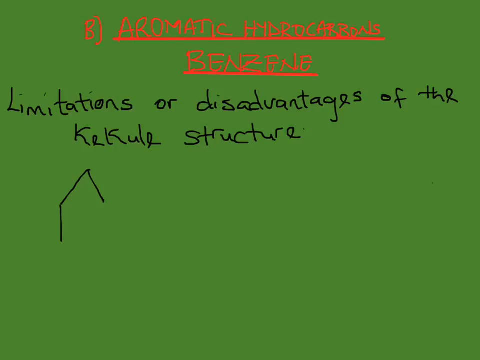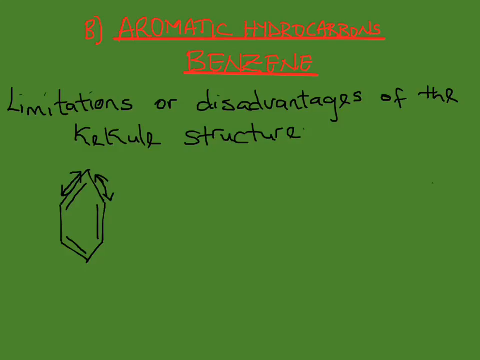Which means that the bond length in benzene, whether a double bond or not, all this bond length from here to here are the same, irrespective of double bonds. And we said that this double bond is shorter compared to the bond length in alkenes, but this bond length is longer compared to the bond length in alkynes.